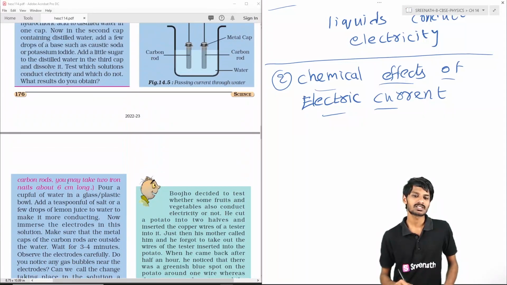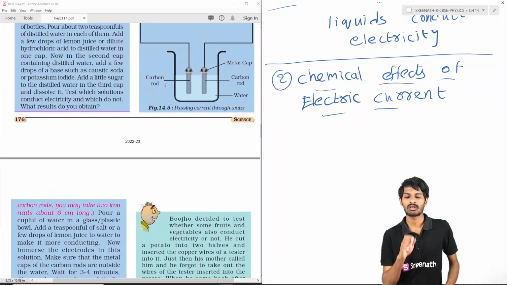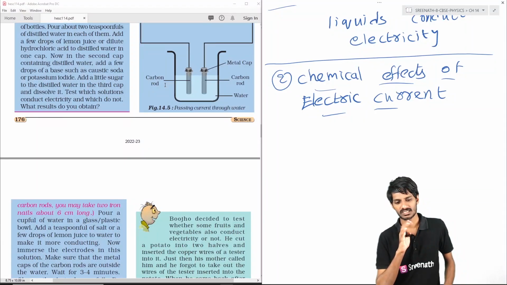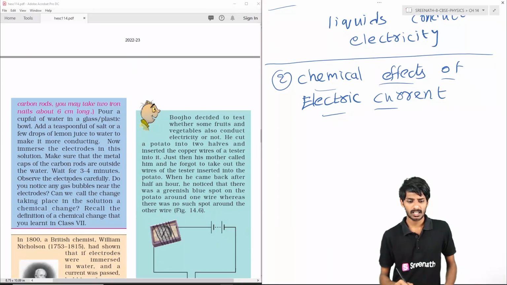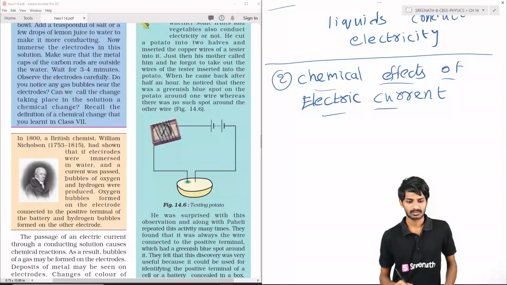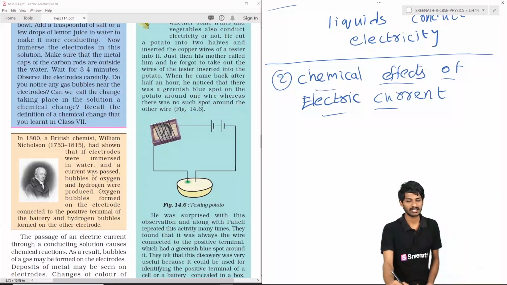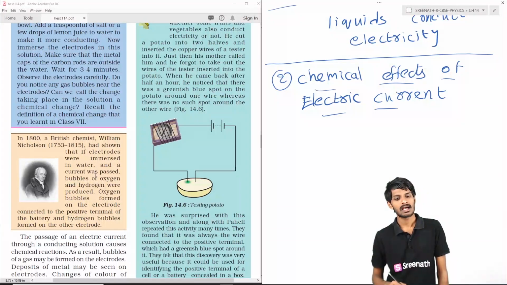What you will observe, students, is that near the electrodes some bubbles will come out. Why will the bubbles come out? In 1800, a British chemist, William Nicholson, showed that if electrodes are placed in water and current is passing through that water, bubbles of oxygen and hydrogen are observed.